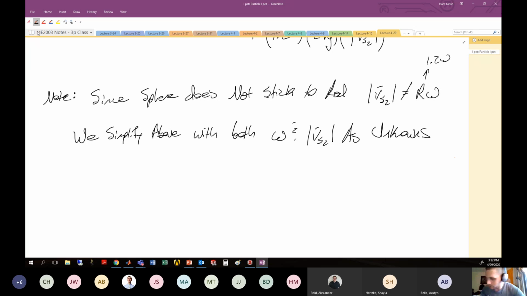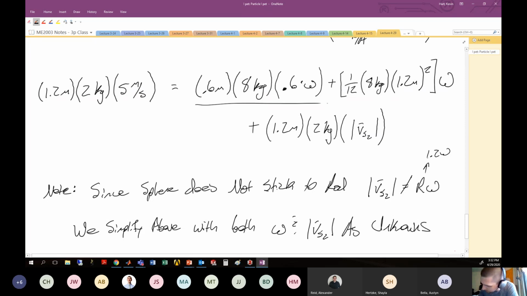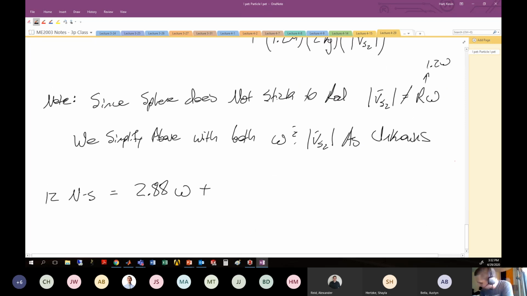This is going to be something like 12 Newton seconds equal to the contributions here, 2.88 omega. All right, so that's the contribution from this term, plus the contribution from the next component, which is going to be 0.96 omega.